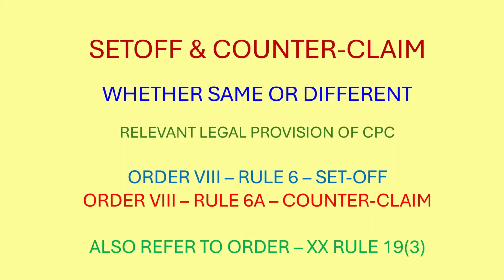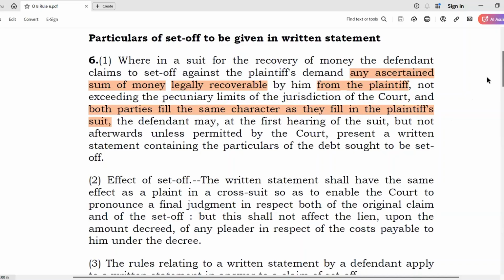To deal with equitable set off, we also need to refer to Order 20, Rule 19, Sub-Rule 3. We'll deal briefly with equitable counterclaims as well. Let me share with you the text of the CPC dealing with claims and counterclaims.